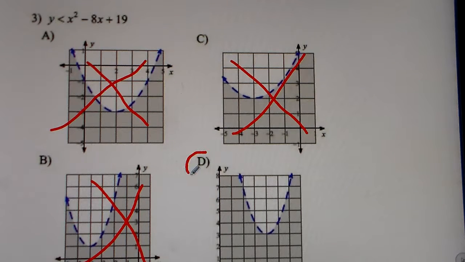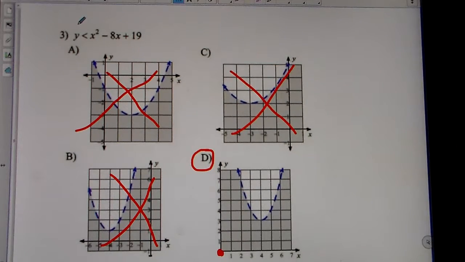Ooh, this is an easier worksheet than I thought. Looks like it's D in quadrant 1. Let's still test that 0, 0 point to see if it deserves to be shaded or not. So we put 0 in for y, and we put 0 in for x. Right now I'm working that equation in the top left-hand corner. So I put 0 in for y, and I put 0 in for each one of these x's. 0 squared is 0, minus 8 times 0 is 0.